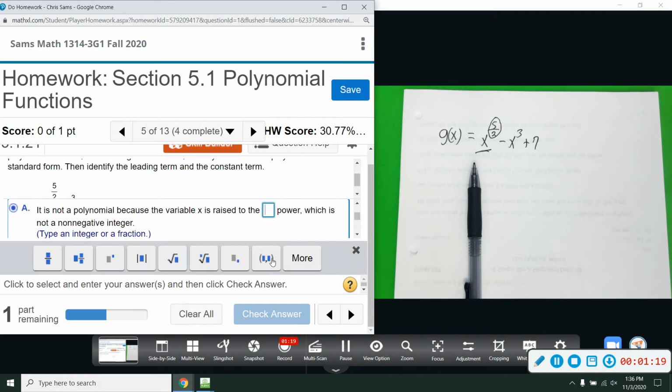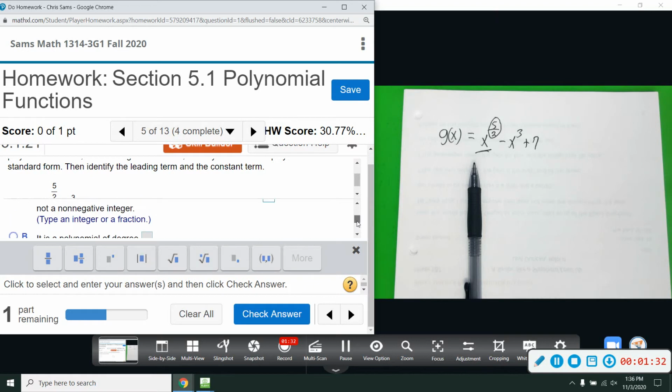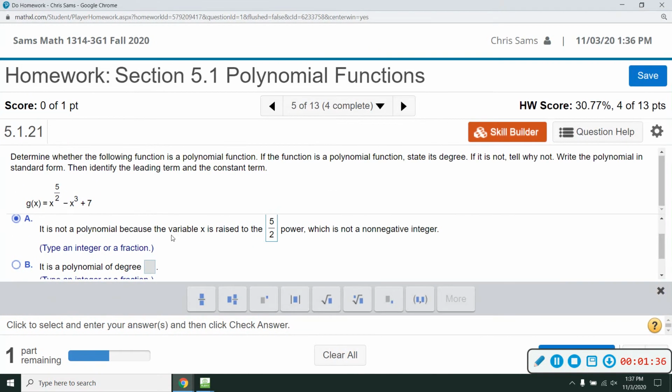There we go. I thought that was giving the actual answer choice. 5 divided by 2, which is not a non-negative integer. That's what it's saying. It's hard to get it all on the screen. So it has to be a non-negative whole number. So you have a fractional rational exponent that does not work.